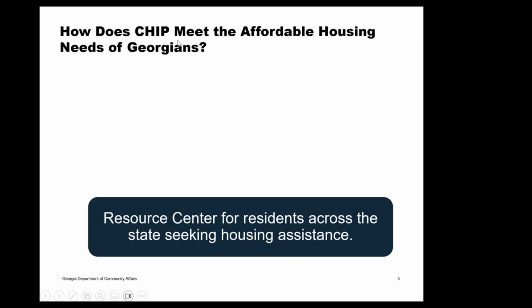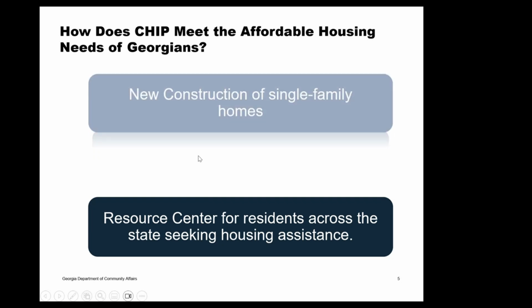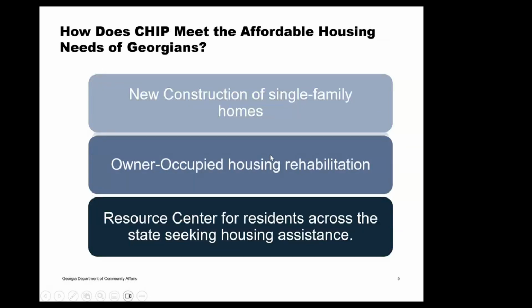So how does CHIP meet the affordable housing needs of Georgians? We do that through new construction of single family homes, owner occupied housing rehab, and we are also a resource center for residents across the state seeking housing assistance.